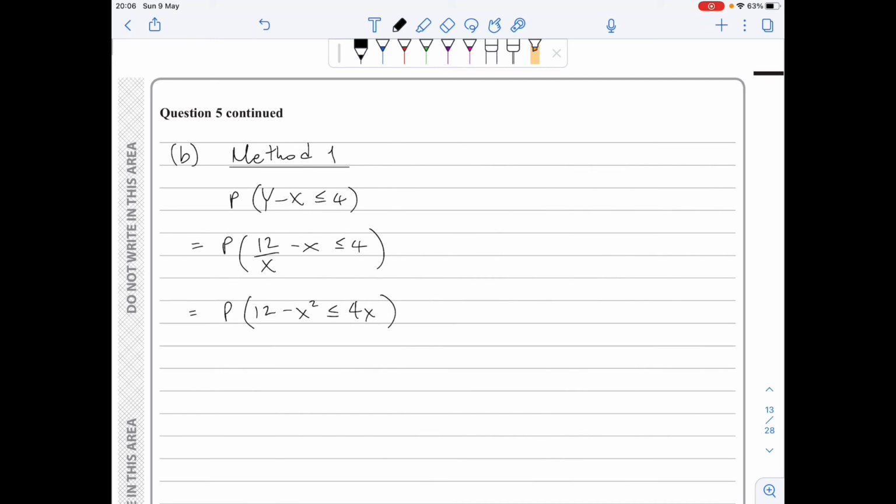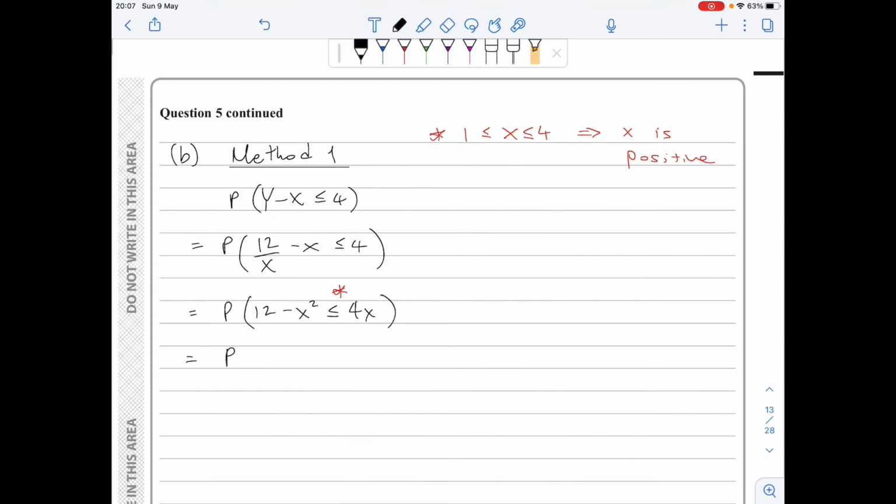Now, usually when I multiply by something unknown in an inequality, I don't know whether I have to reverse the inequality sign or not. In this case, I don't need to worry because x is between 1 and 4, so x is positive. So no change in the inequality sign.